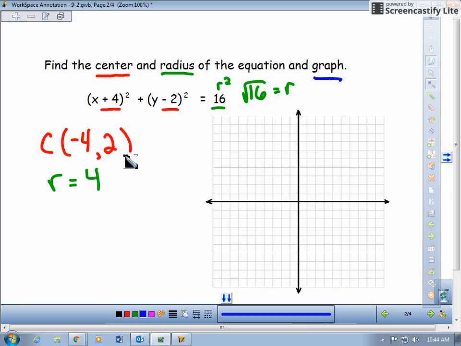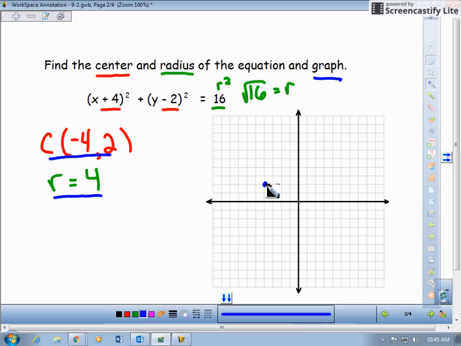Now let's talk about how I graph this. I'm going to go to (-4, 2). I'm going to start here at the center. So negative 4, 2. 1, 2, 3, 4, and then up 2. Then what I do next is just take this radius, because I know that every point that's 4 units away from this point is on the circle.